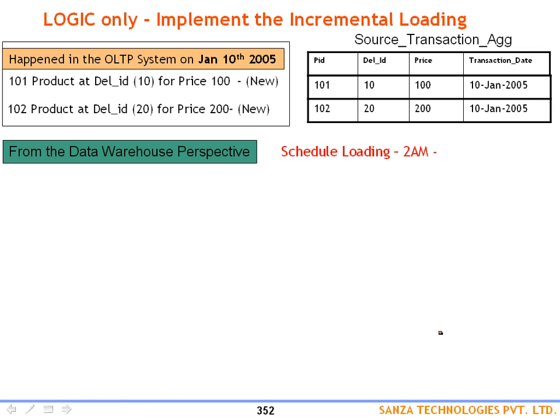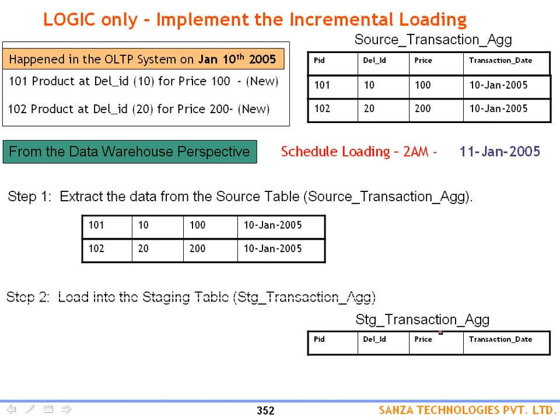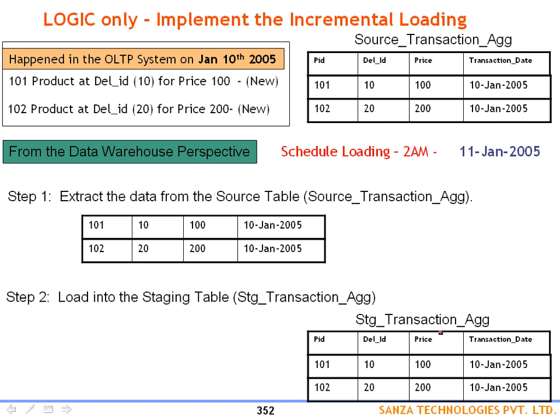From the data warehouse perspective, on 11th January we schedule our ETL program and extract the data from the source table, that is the transactions which happened on 10th January 2005. Then we load the data into our staging transaction table on 11th January at 2 a.m.